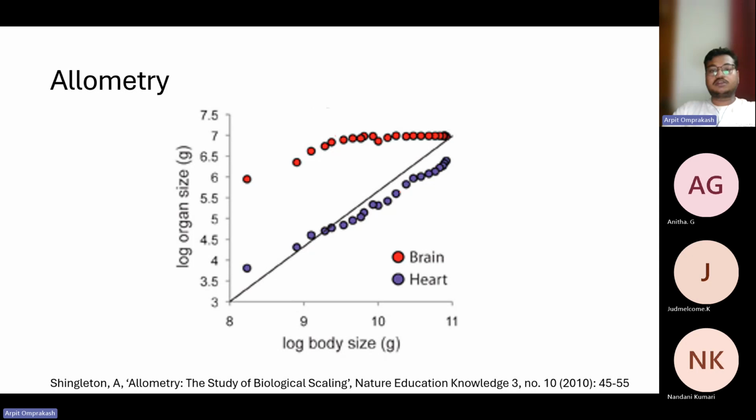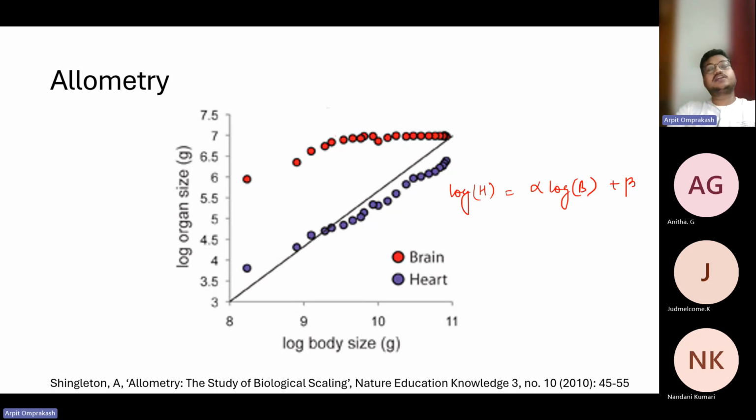So that means the equation linking the growth of the heart to the growth of body size will be something like log h, where h is the size of the heart, is given as alpha into log b plus beta, some constant. So this is the equation of a straight line, where b is body size and h is size of the heart. So we have a very simple linear equation that describes this phenomenon.